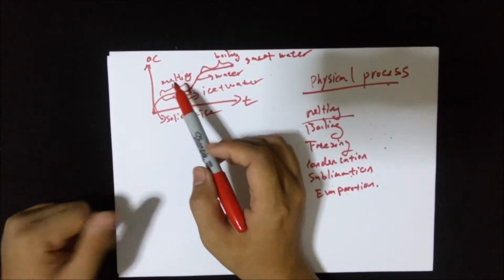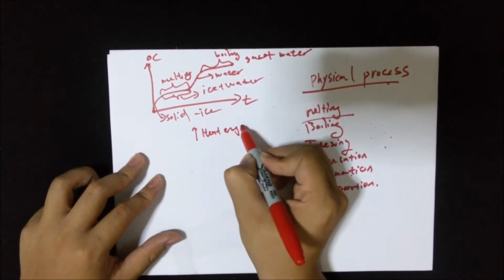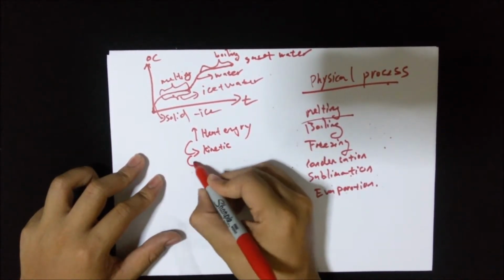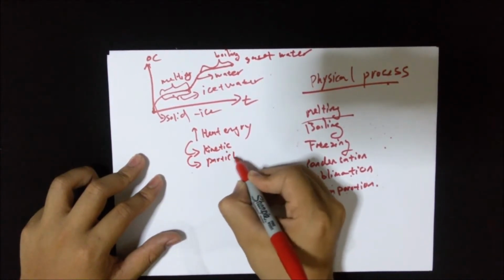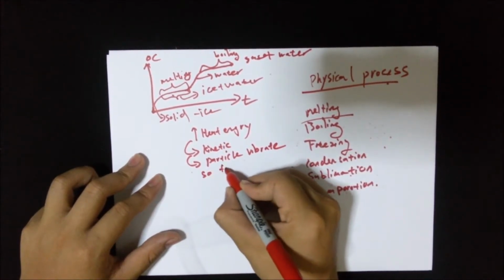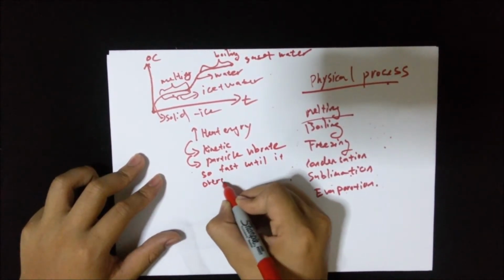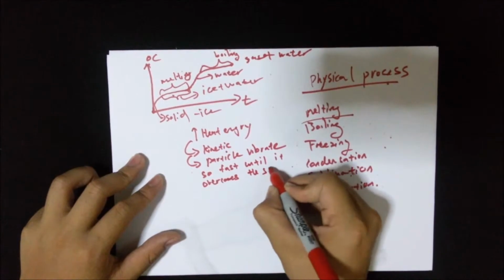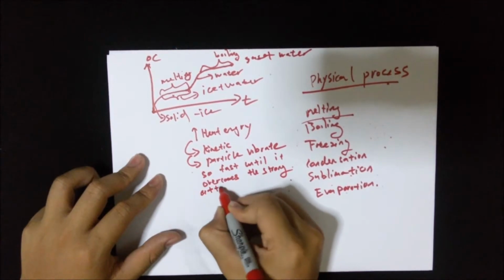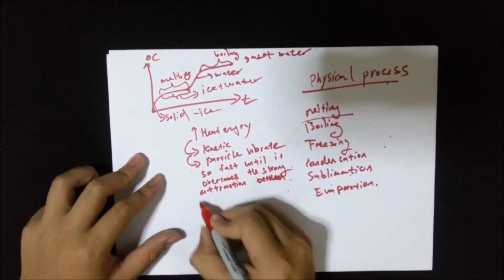For melting, all you need to say is that it gains heat energy being converted into kinetic energy, causing the particles to vibrate so fast until it overcomes the strong attraction force between the molecules, but between the particles, sorry.